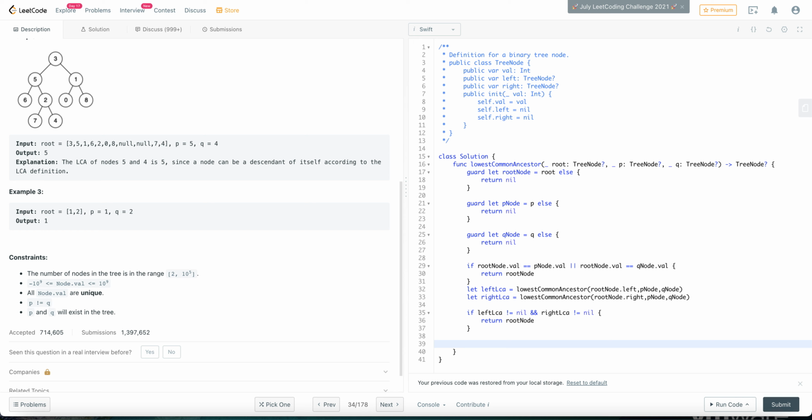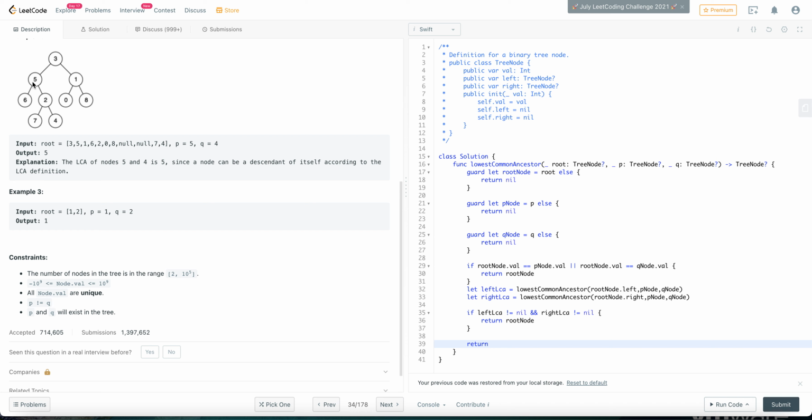Else, if one of them is nil, let's say 6 and 2, in that case 5 will be their LCA. So if both the nodes exist in one part of the tree, meaning in the left half, then their LCA is there.